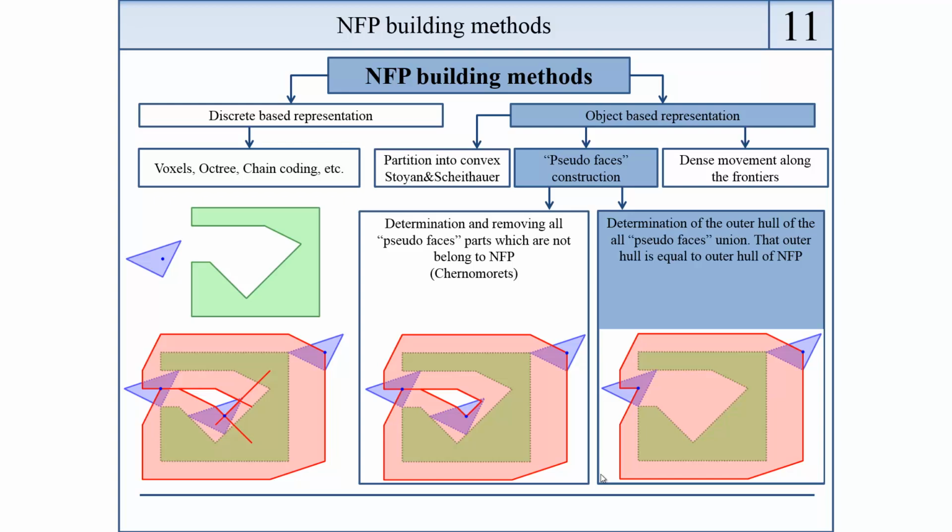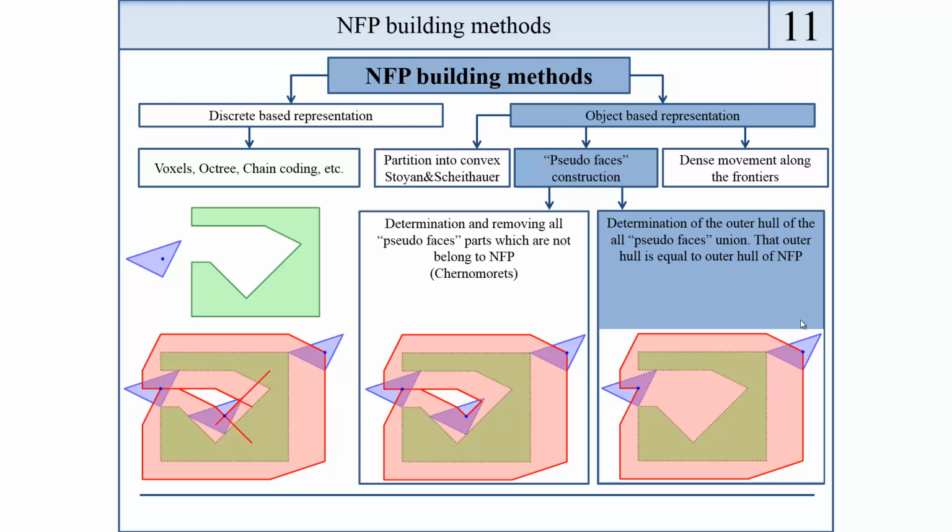However, I propose to find just the outer hull of the pseudofaces, which is equal to the outer hull of the NFP. It's totally useless in the two-dimensional case, but if used in the three-dimensional case, we will kill 2 birds with 1 stone.